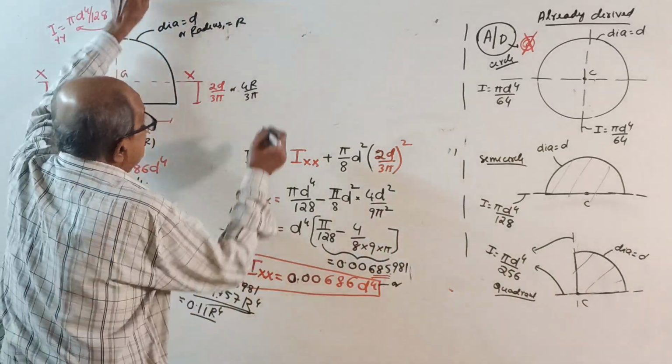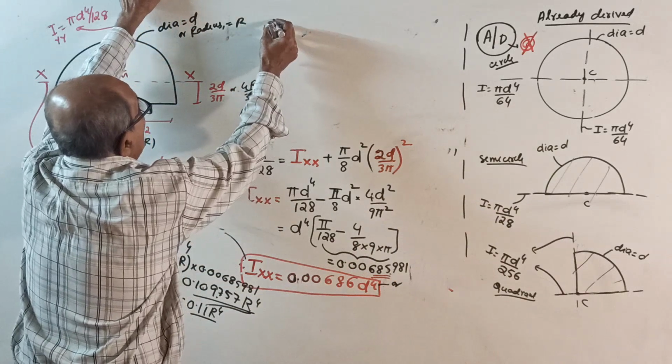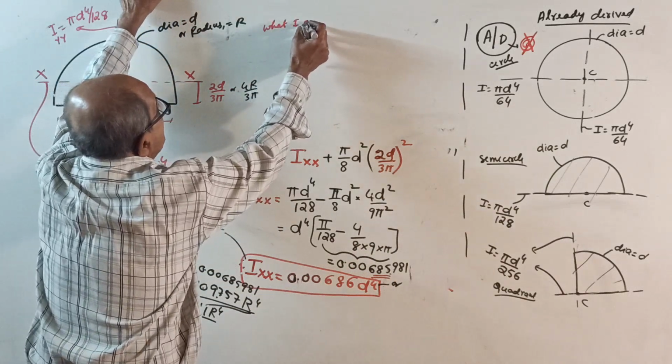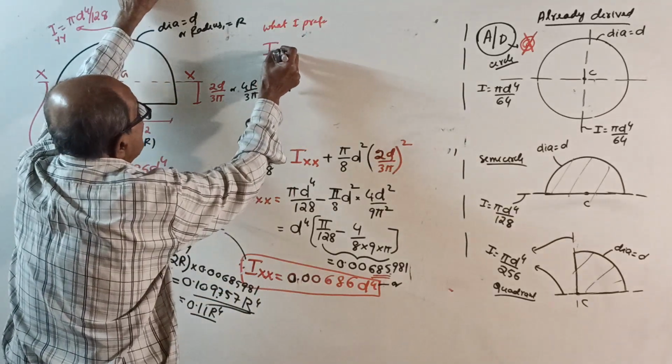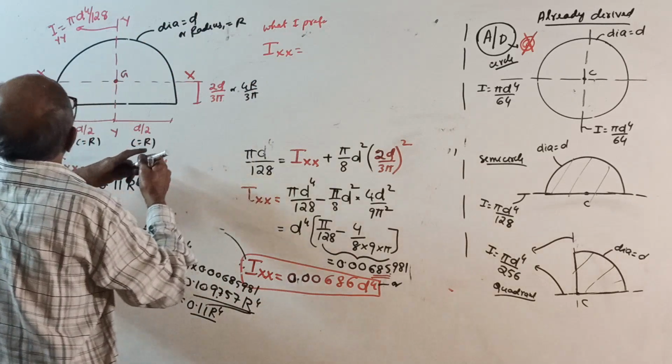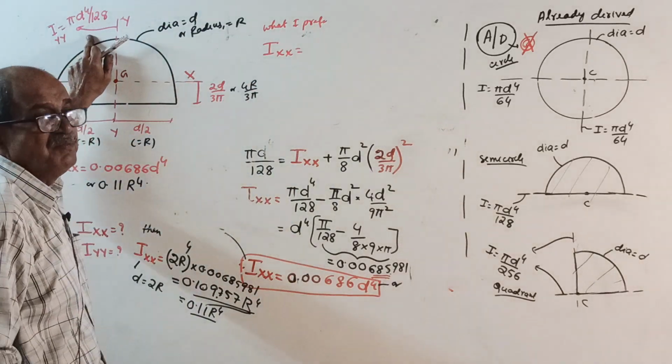What I prefer is Ixx, Iyy the same. How much? Pi d power 4 by 128. No confusion.